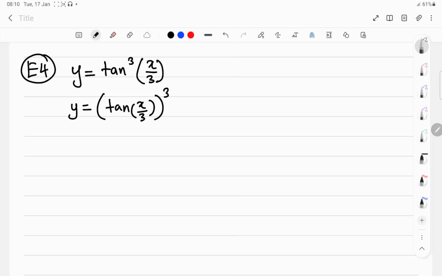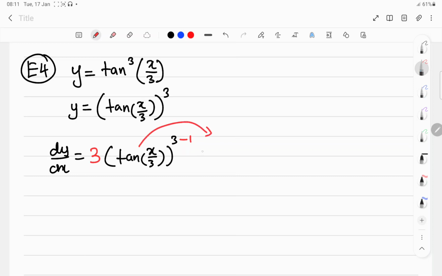So what is power rule? dy/dx equals: the power brought in front, copy paste the bracket x over 3, and then the power minus 1. And then we have to do another thing, which is to multiply by the differentiation of the bracket, which is tangent x over 3.